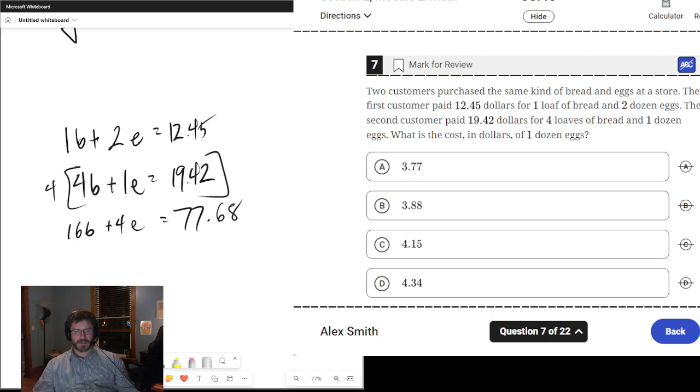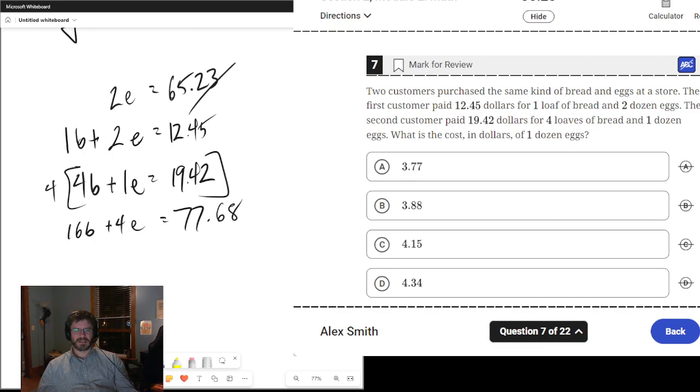And then we're going to subtract going up. So 7768 minus 1245. And the b's cancel out. We get 2e equals 6523. Divide that by 2, and a dozen eggs is... What?